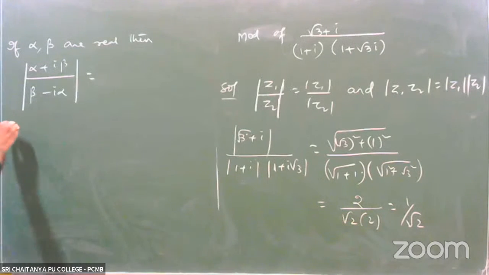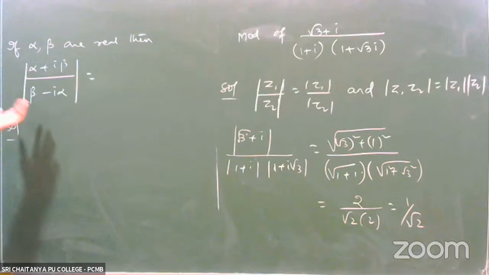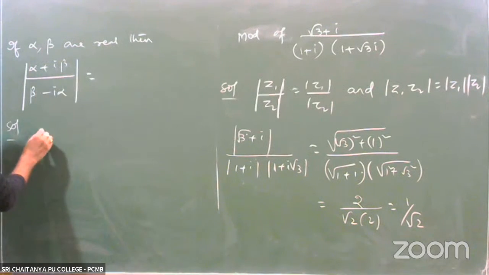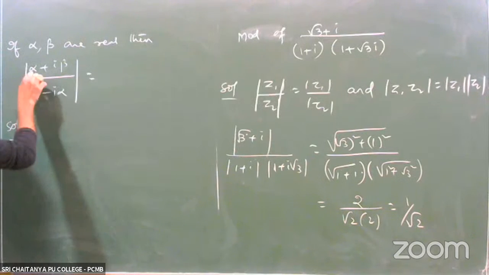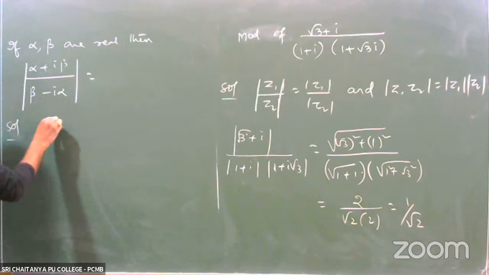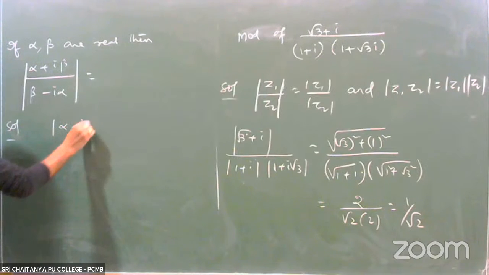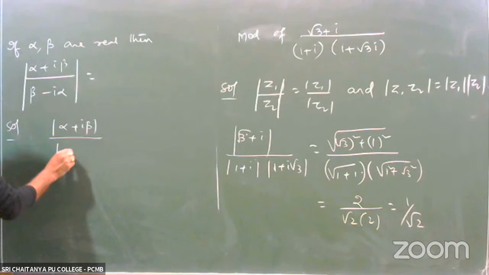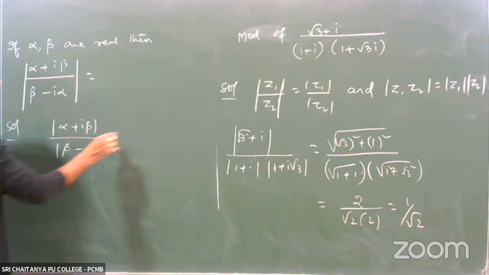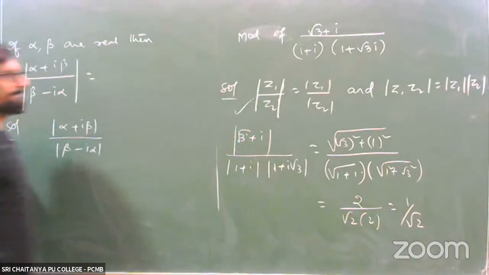See here, mod of (alpha plus i beta) by (beta minus i alpha). Here alpha, beta are real, means they are constants. You can write this as mod of alpha plus i beta by mod of beta minus i alpha using this property.